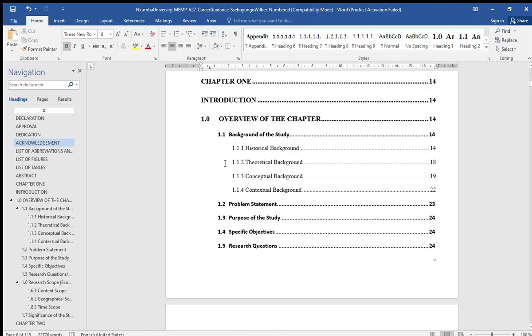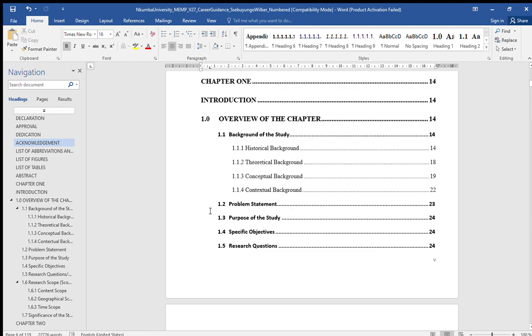You have the chapter 1, then introduction, then you have overview of the chapter, then under overview of the chapter you have background of the study, and there are 4 backgrounds. You're going to break down your background of the study into 4 sub backgrounds or perspectives: the historical background, theoretical background, conceptual background, and contextual background.